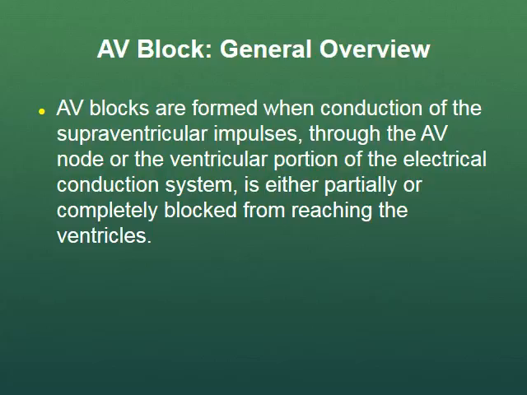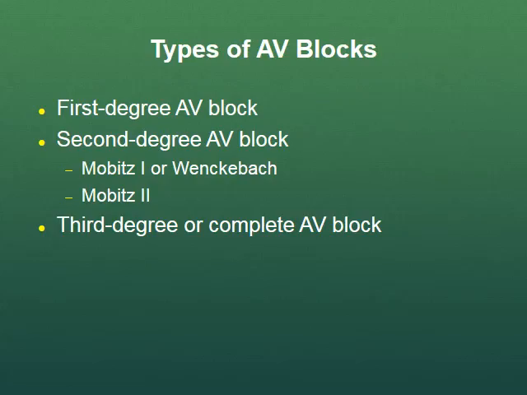We have multiple types of AV blocks: a first degree AV block, a second degree AV block, second degree type 1 and type 2 AV block, and then a third degree or complete AV block. You also hear the third degree heart block referred to as AV dissociation, or sometimes it's used interchangeably with the term trifascicular block, which is kind of a misnomer.